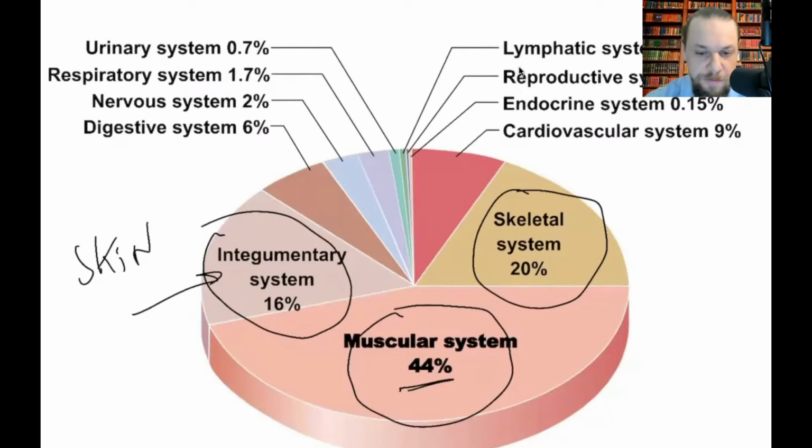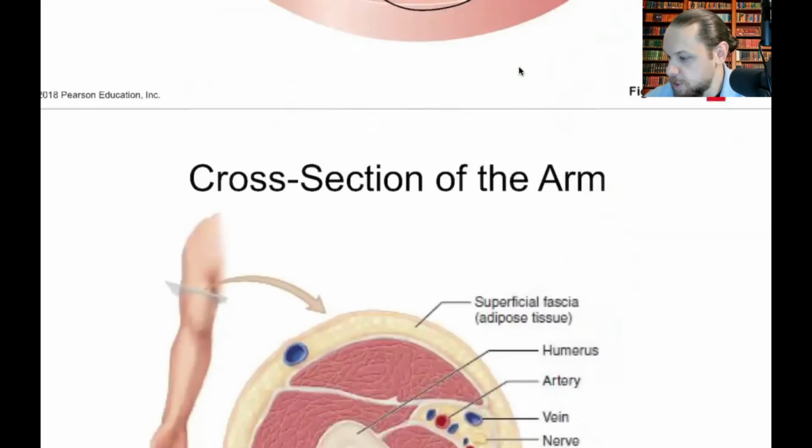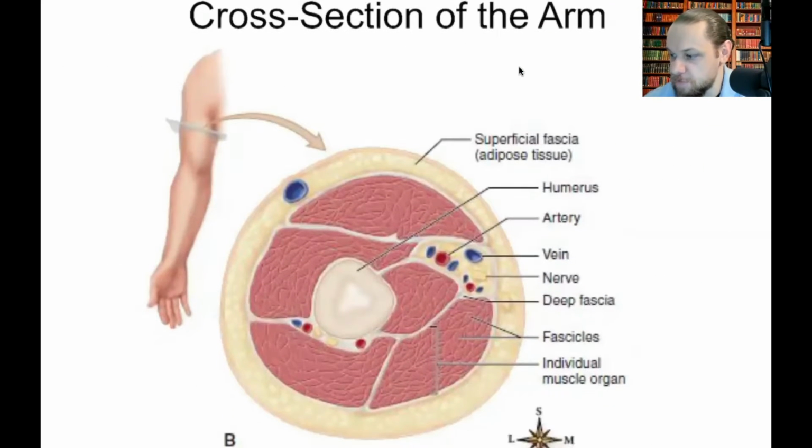And of course, it will be different from person to person. Males have more muscle as opposed to females. In addition, someone who is working out in the gym with hypertrophy of the muscular system will have a bigger percentage of that.